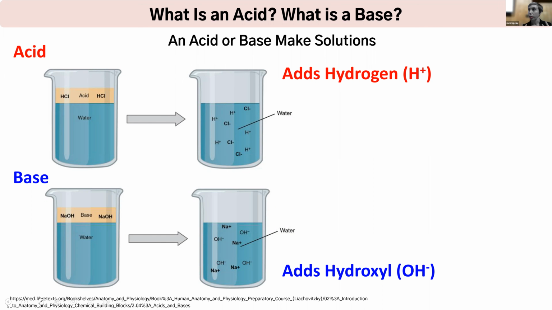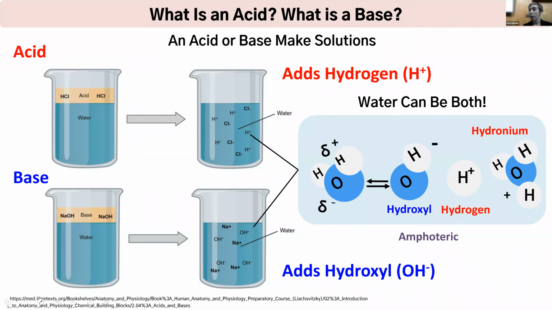So this is the most common idea of what a solution is. And just a fun fact, water, our universal solvent, can be both. It's why it's such a good base for all kinds of chemistry, and it helps support why life is the way it is on this planet. Water can exist as a hydrogen ion as well as a hydroxyl ion, as well as a hydronium ion, which is that weird little guy in the corner over here with the 3 hydrogen atoms attached to the oxygen.